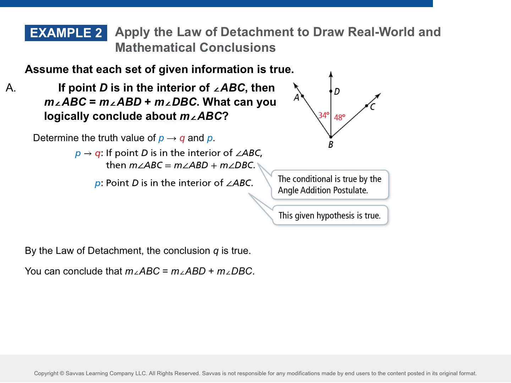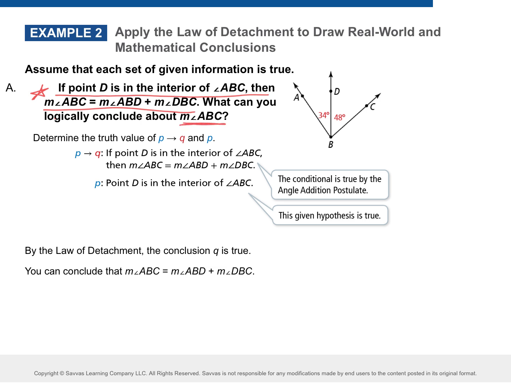Okay, let's look at one more. If point D is in the interior of angle ABC, so what it just did, it described this picture right here. Then the measure of ABC equals the measure of ABD plus DBC. What can you logically conclude about the measure of ABC? So it gave us this if-then statement right here.